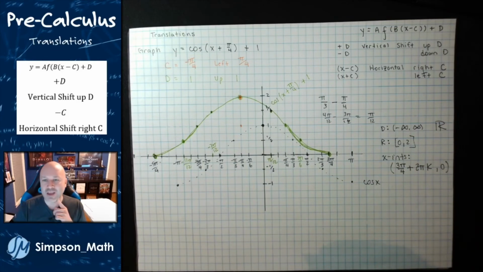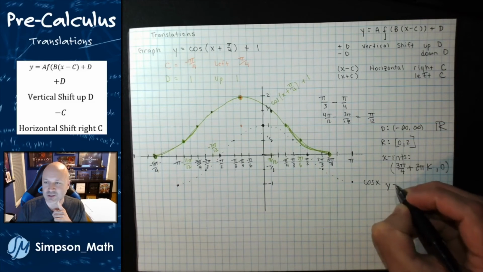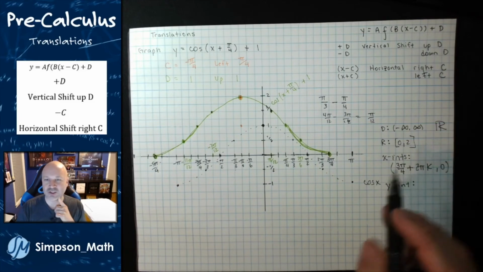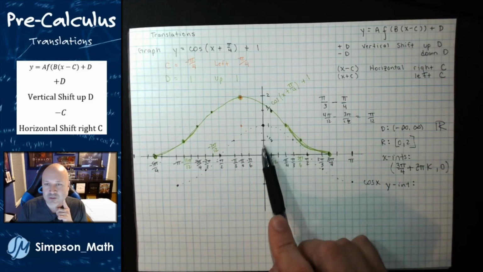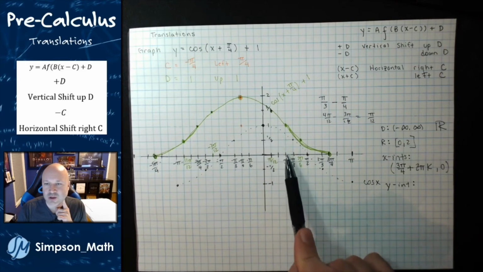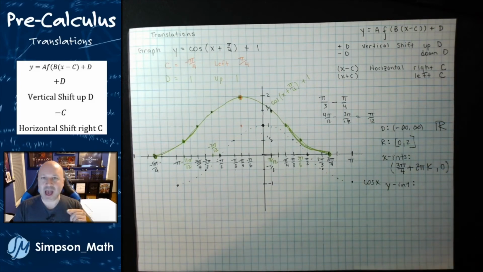Ooh, now the y-intercept, that may be a little bit more challenging. Okay, so if I'm looking for the y-intercept, the way we're supposed to do it is set x to 0 and solve.